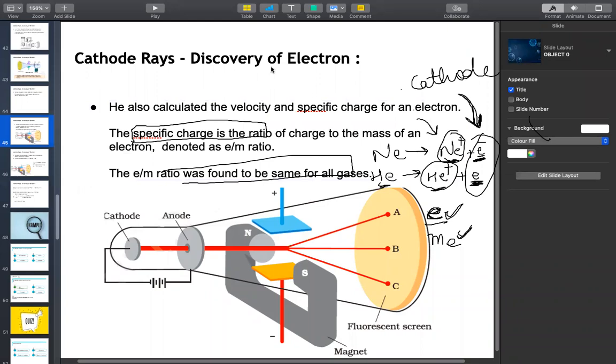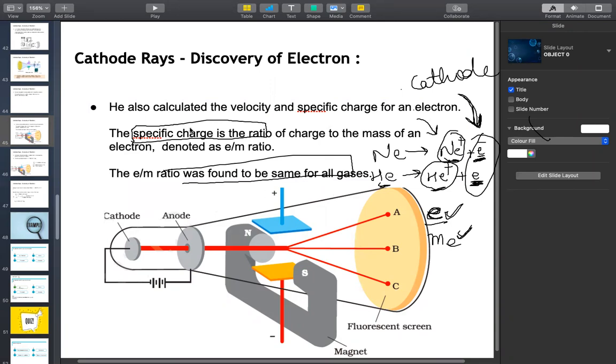Yes, sir. So specific charge ratio, actually what happened, at that time we had no idea what the mass of the electron is, what the charge of the electron is. Before this experiment, no one had an idea about the mass and charge. So one ratio was calculated, that was the charge by mass ratio, which was found to be the same for all the gases in the cathode ray.